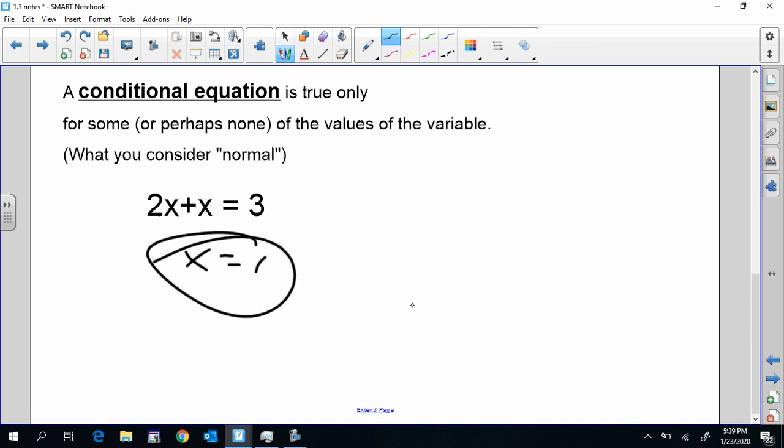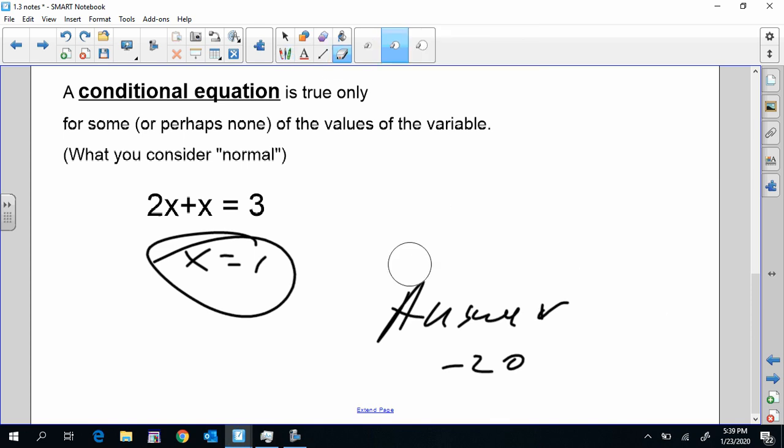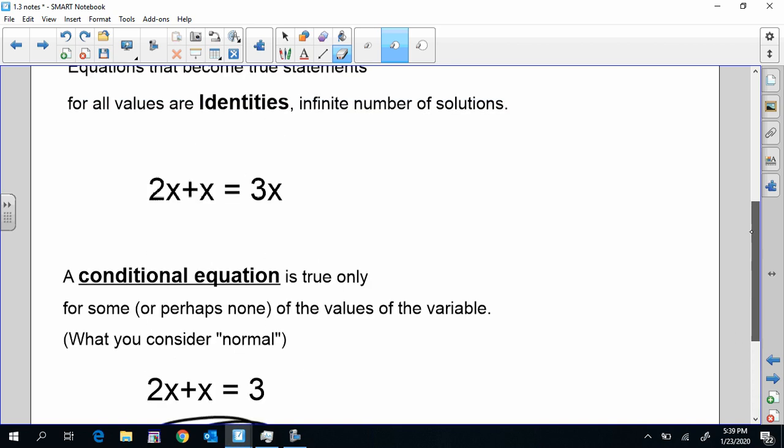That's a big deal. You better understand what a solution is. Some of you think you know. I'm going to put it on the test. I'm going to ask, what's a solution? And you're going to say, it's the answer. And if it's a 10-point question, I will mark off 20. The solution is not the answer. So please don't ever give me that answer when I ask you a question like, what is a solution?